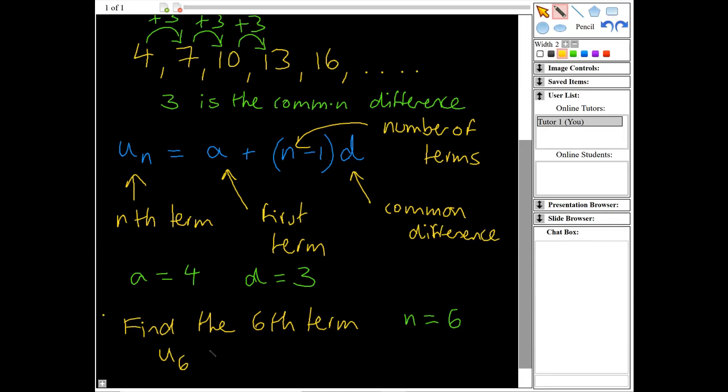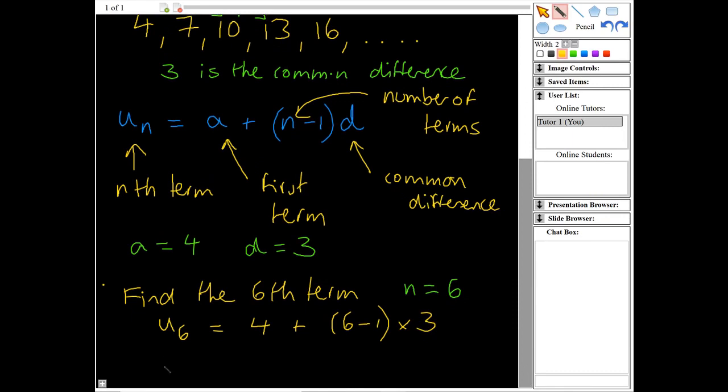So the 6th term would be equal to 4 plus, and then 6 take away 1, and then times the common difference, which would be 3. So my 6th term would equal 4 plus 5 times 3, which is 15 plus 4, which is 19. So what I'm saying there is that my 6th term would equal 19.